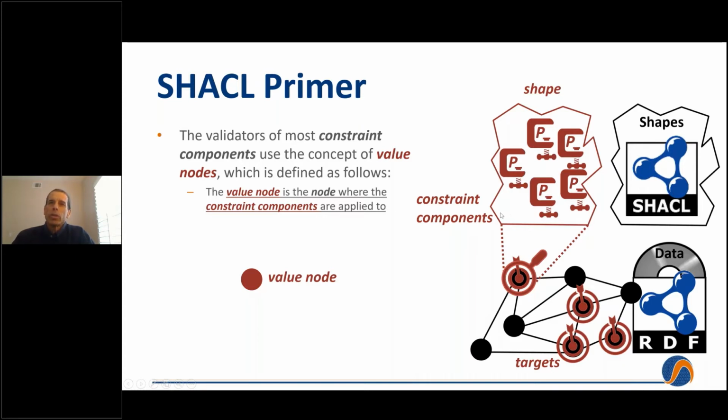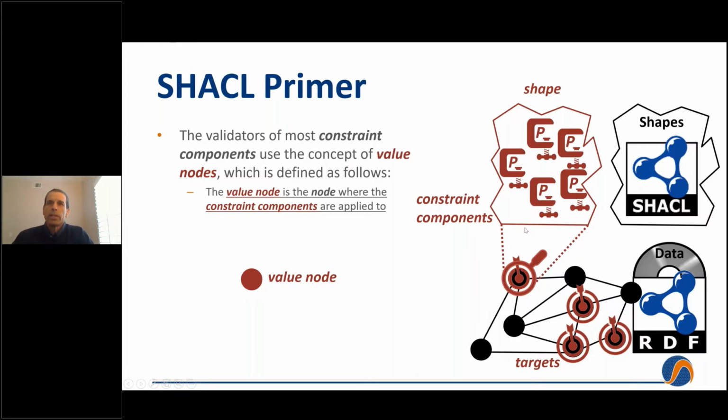So again, let's summarize. We have the shapes, we have the constraint components, we have the parameters of constraint components, we select our targets, and now we have the value nodes where we apply the constraint. Again, where we apply the constraint is not necessarily the target node or the focus node; it is not necessarily the same node that we applied the constraint to.